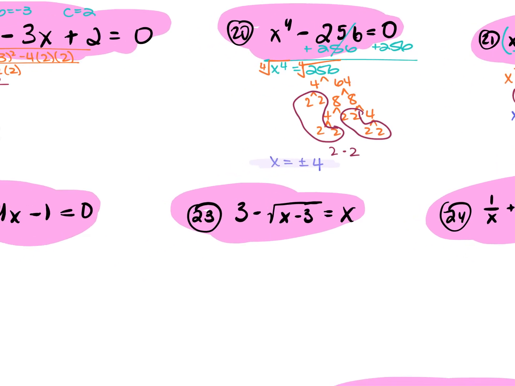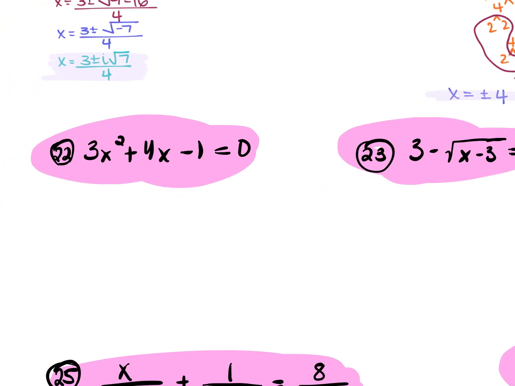For 22, we have 3x squared plus 4x minus 1 is equal to 0. If you multiply the 3 times the negative 1, you get negative 3. Are there any factors of negative 3 that add up to be 4? No. So use your quadratic formula with this.